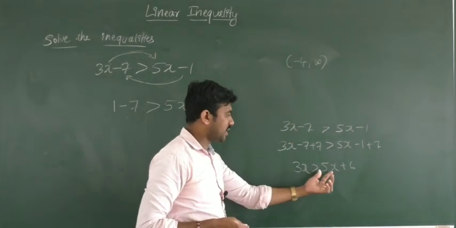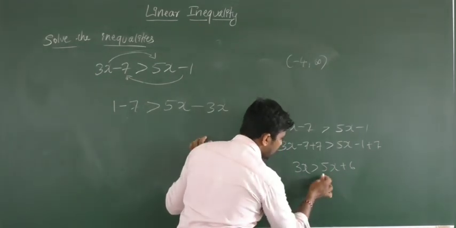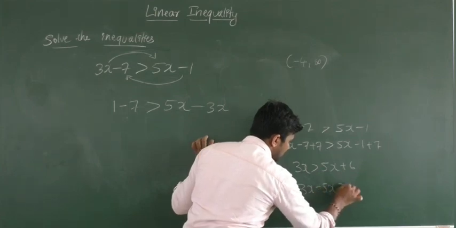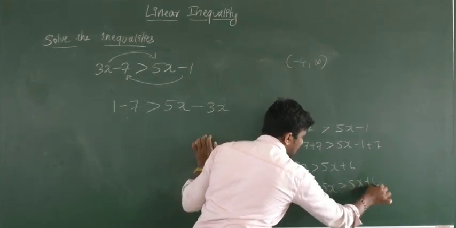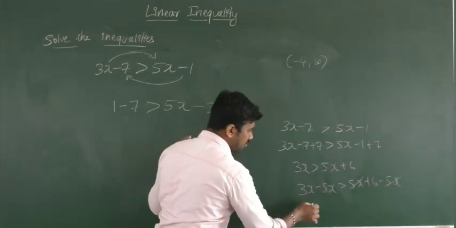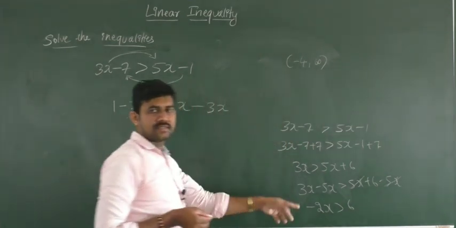After that, what you have to do, see here, subtract 5x on both sides. So 5x gets cancelled here. Here minus 2x greater than 6 we will get. Same we will get here also.